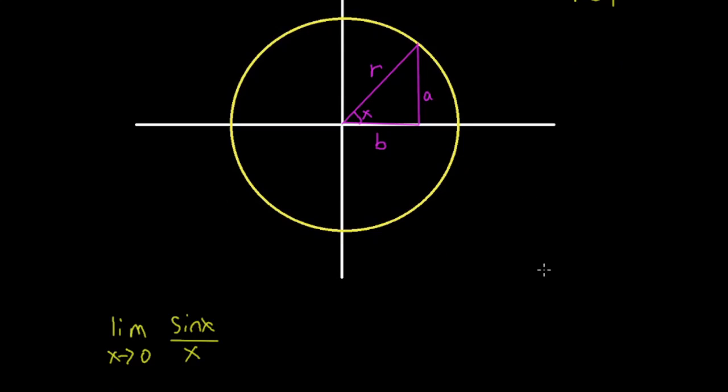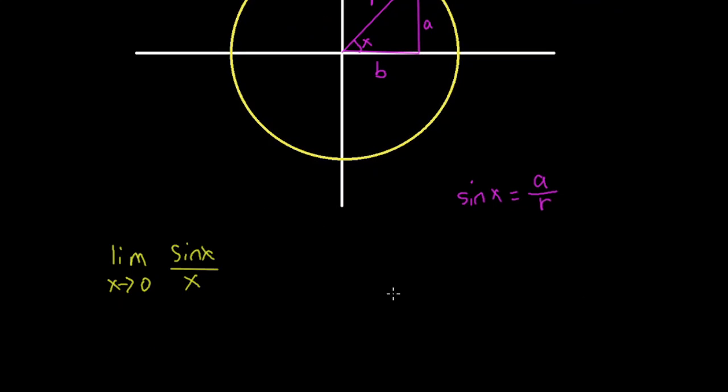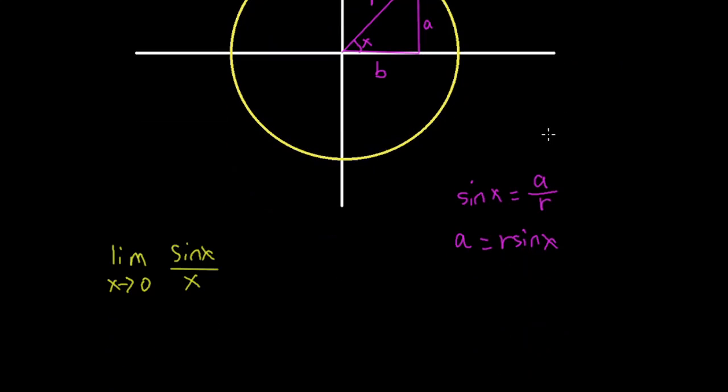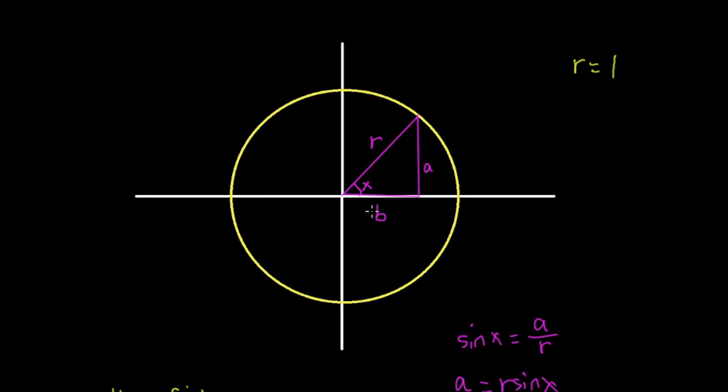We can use trigonometry to figure this out. Sine x is equal to A over R. Then A is equal to R times sine x. And we know that R is equal to 1, so A is equal to sine x. What's B here?